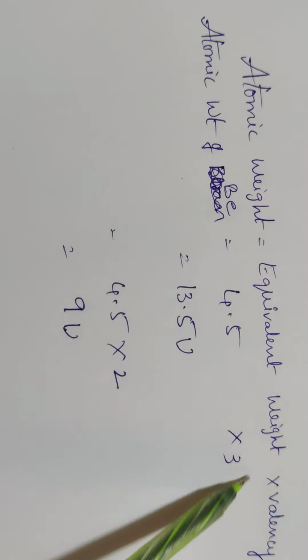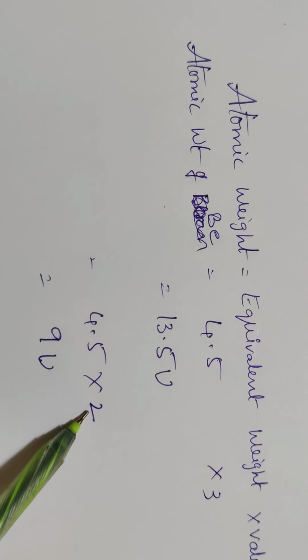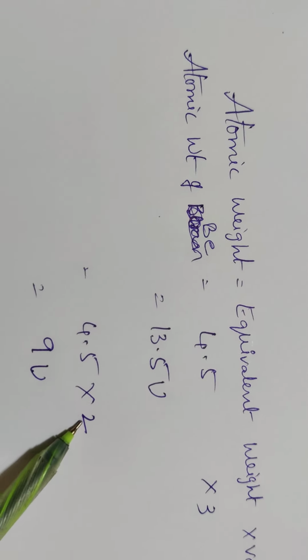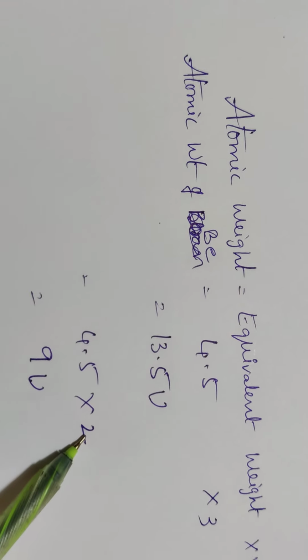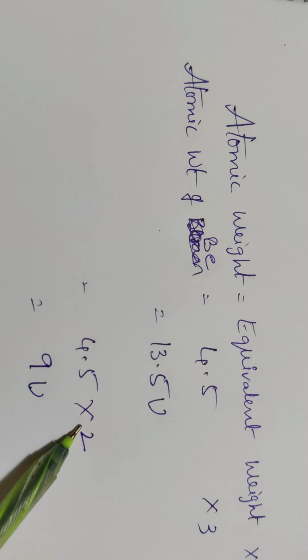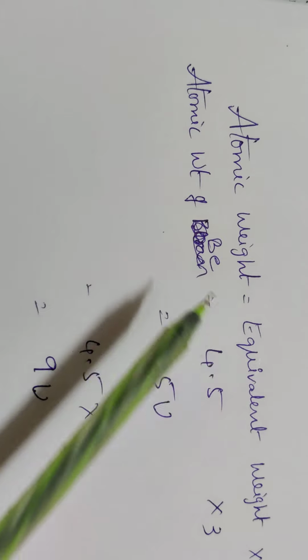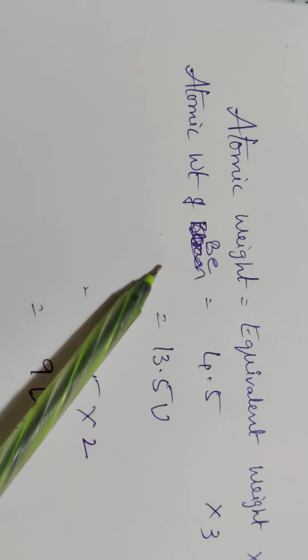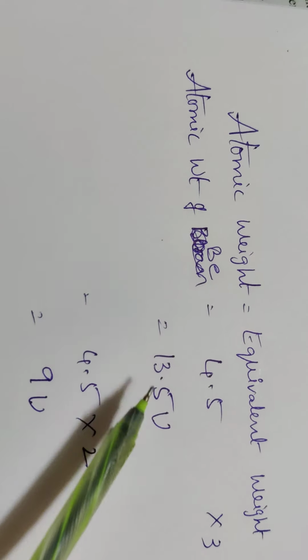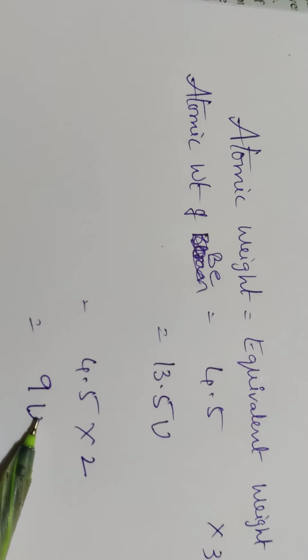So here, instead of 3, the valency was taken as 2. So 4.5 into 2 is 9 units. So beryllium's atomic mass was corrected by Mendeleev from 13.5 to 9 units.